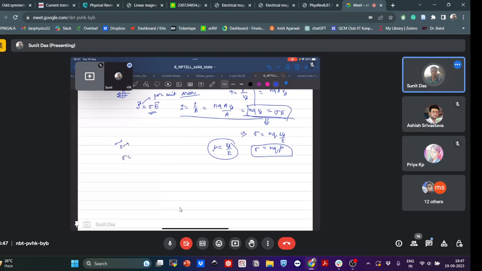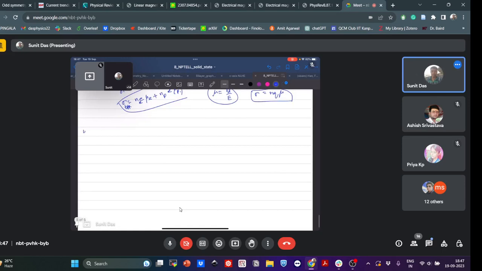Then the total sigma will be n e, for electrons the electronic charge, and electron concentration Ne times mobility mu e for electrons, plus Np for positive holes, times the charge of holes, which is the modulus of the electronic charge, times mu p. This will be the total conductivity. Next problem.